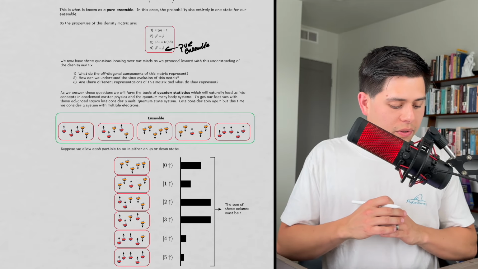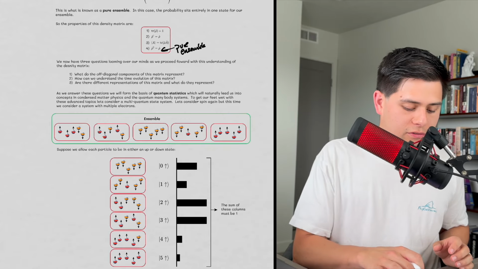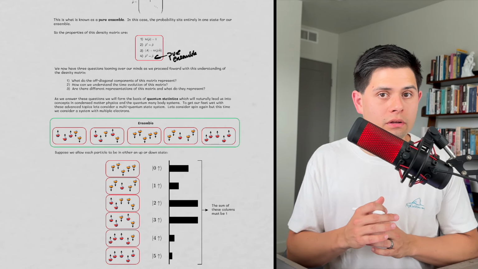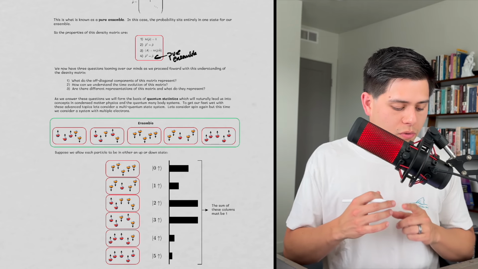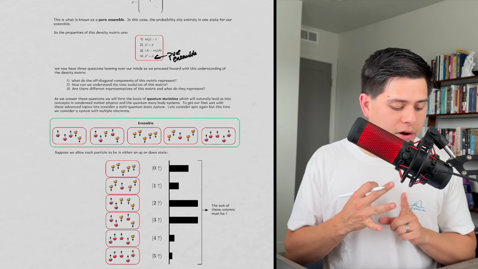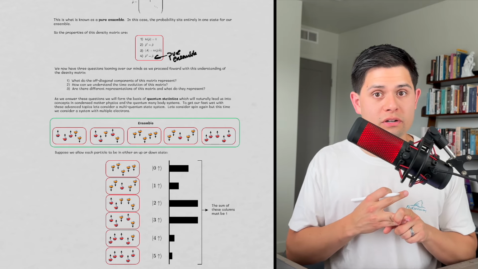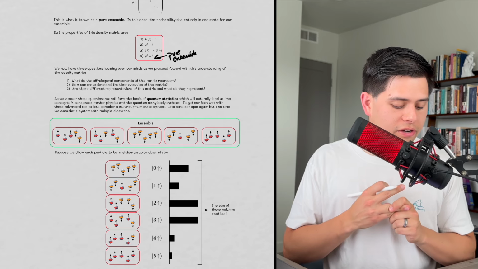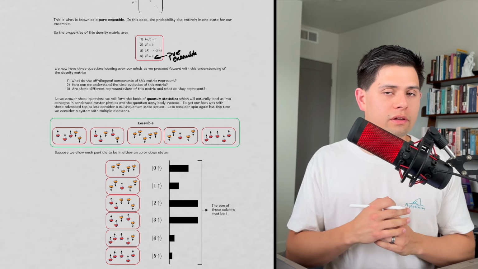So now we have 3 questions looming over our minds for this density matrix as we proceed forward. What do the off-diagonal components of this matrix look like? How can we understand the time evolution of this matrix? And are there different representations of this matrix, and what do they represent?